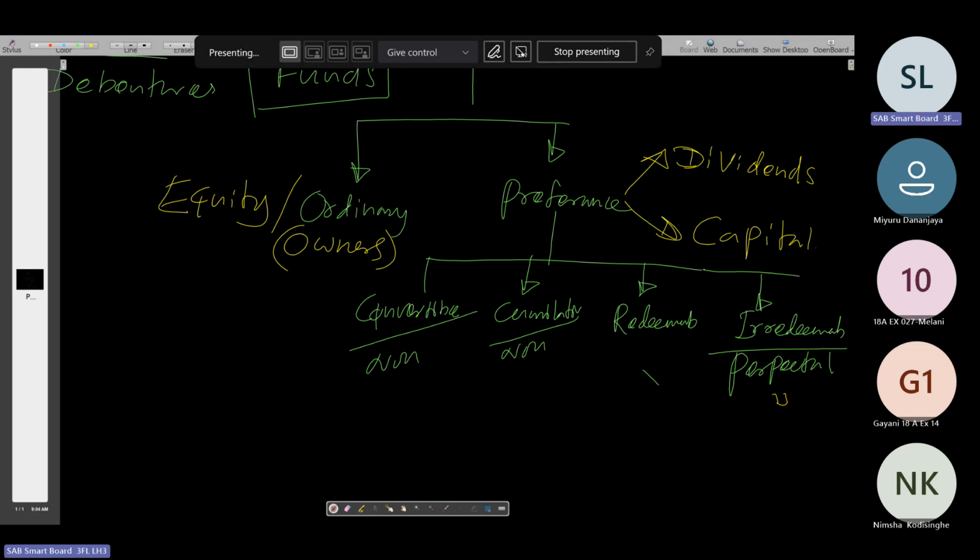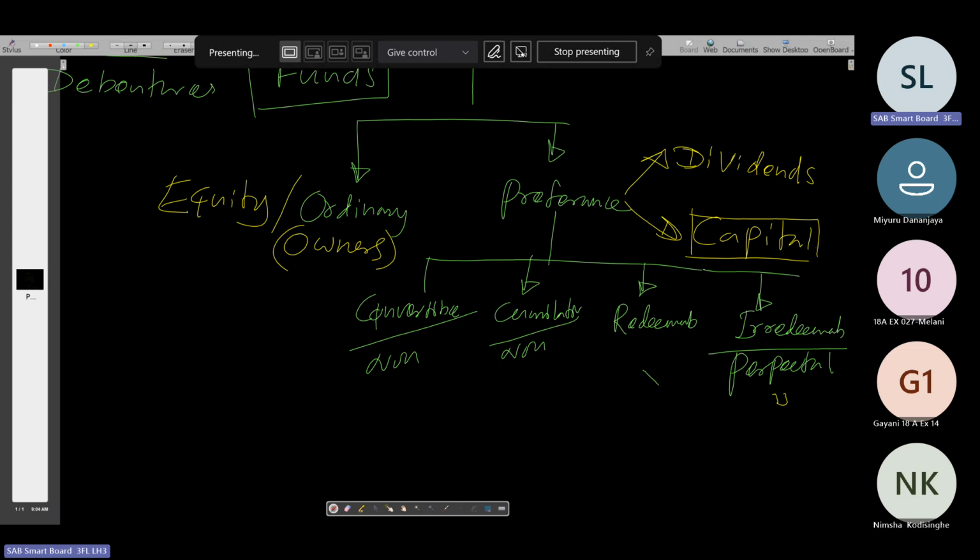Understood? That is the procedure to be adopted in the winding up of a company. So preference shareholders will receive a preference for receiving capital in the event of liquidation. They must be given priority.